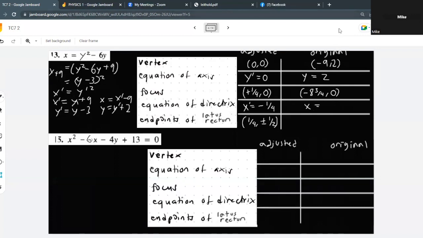Okay, y minus ano yung equation na, di ba y minus 3 at saka x plus 9?